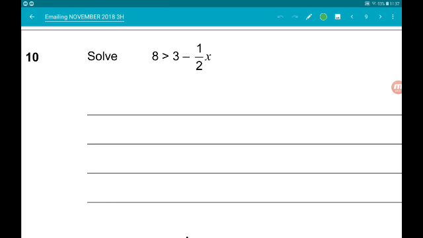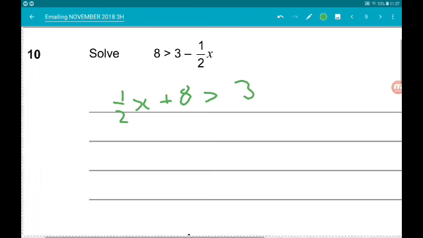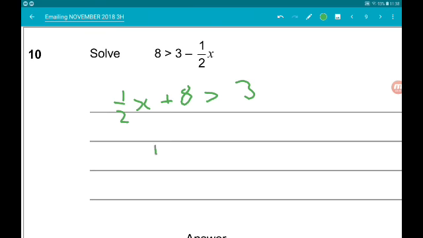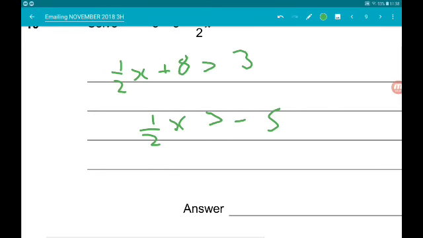So we get half x add 8 is greater than 3. Take away the 8, half x is greater than minus 5, and then to get rid of the half, multiply through by 2, x is greater than minus 10. Boom.